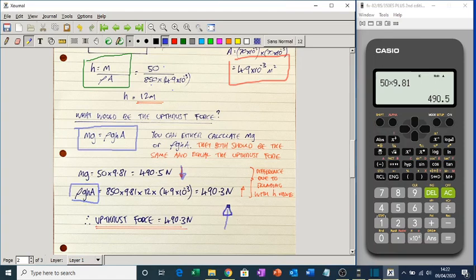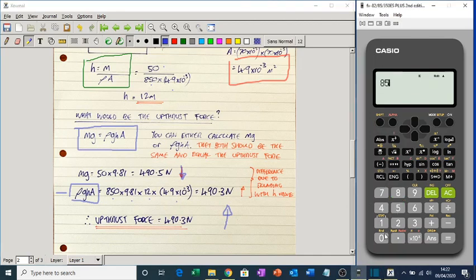The same thing really. You get slightly different answers because the height wasn't exactly 12. So really this is the upthrust, so just to make sure everything's correct: density, gravity, height and area.